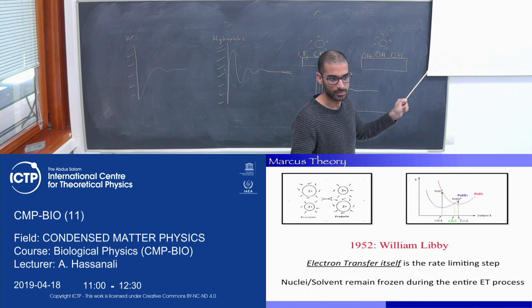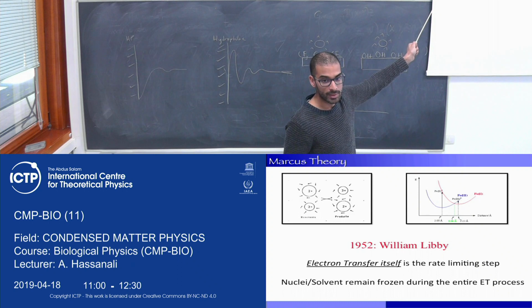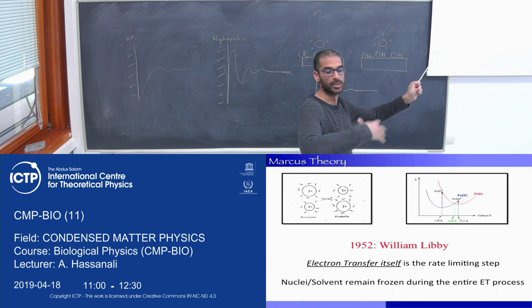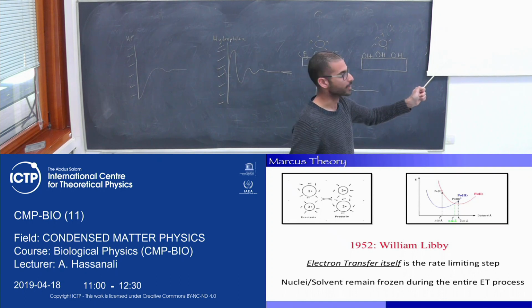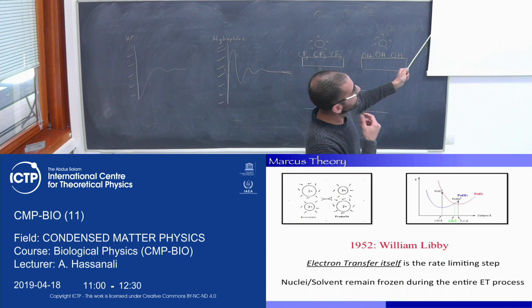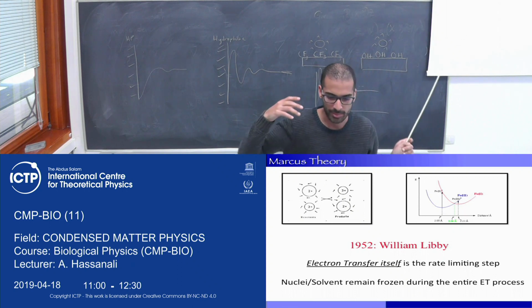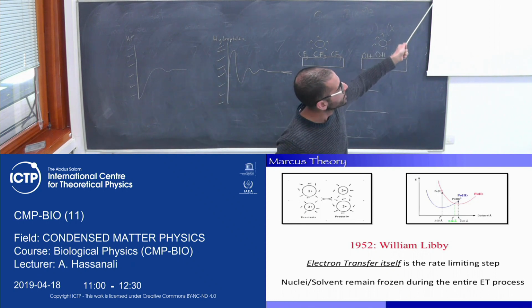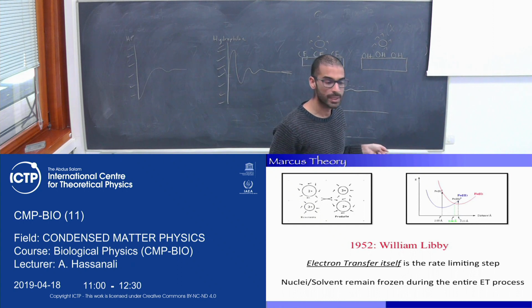Makes sense. If I have an Fe2 plus and I have an electron transfer and I create Fe3 plus, the environment must respond to the presence of a 2 plus or a 3 plus charge. So this is what Rudy Marcus began to think about: can you formulate a simple theory that explains or predicts how the charge hops?